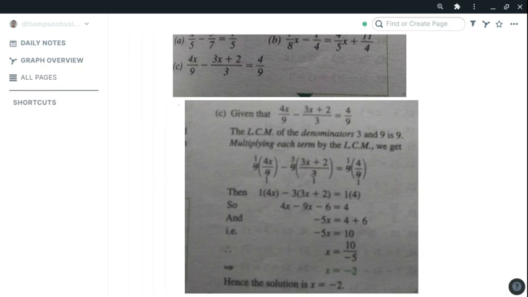Solve for x. Look at my screen share and you'll see it. So we have fractions we're working with, and our goal is to find x.